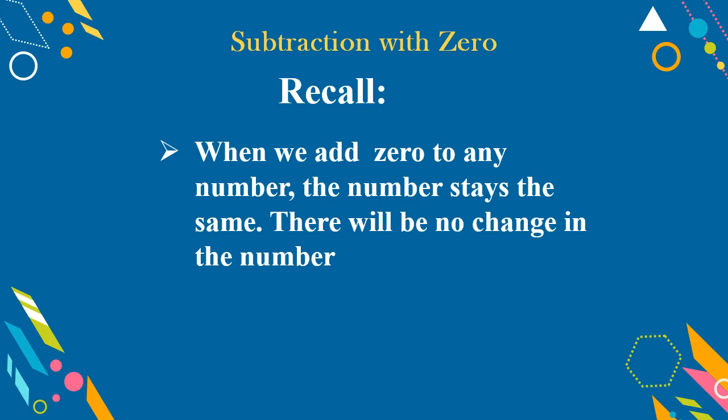There will be no change in the number. यानी जब भी हम 0 को किसी नंबर में ऐड करेंगे तो वो नंबर चेंज नहीं होगा, वो सेम रहेगा. फॉर एग्जाम्पल 5 प्लस 0 इक्वल्स 5, 6 प्लस 0 इक्वल्स 6. 5 में 0 को ऐड किया तो कोई चेंज नहीं आया, आंसर हमारे पास 5 ही आया है. 6 में 0 को ऐड किया तो कोई चेंज नहीं आया, 6 ही आया है. अब हम देखते हैं कि सब्ट्रैक्शन करने से क्या आंसर आता है.